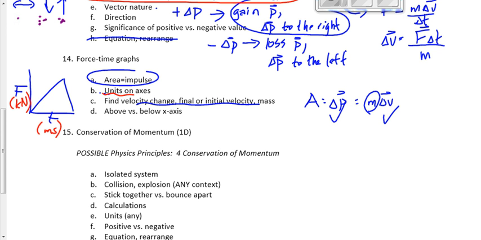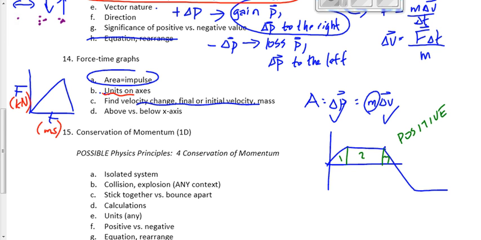One final thing before we do an example here, make sure you pay attention to what's above and below the x-axis. If you got a graph that looks like this, then this area, all 3 sections of it, will be positive. This area below the x-axis will be negative.